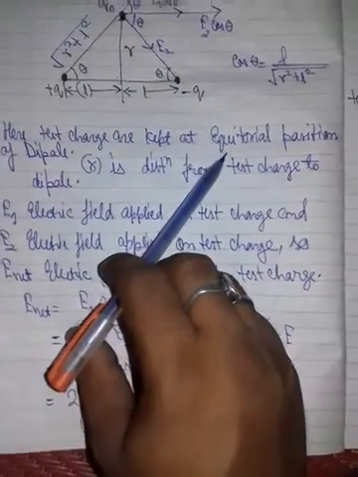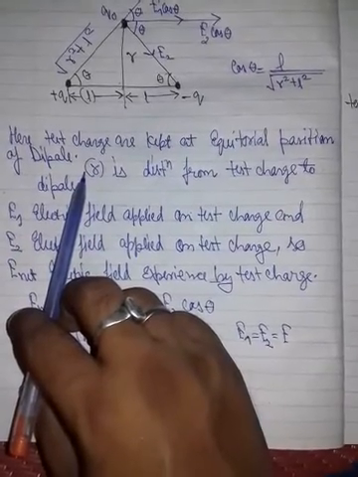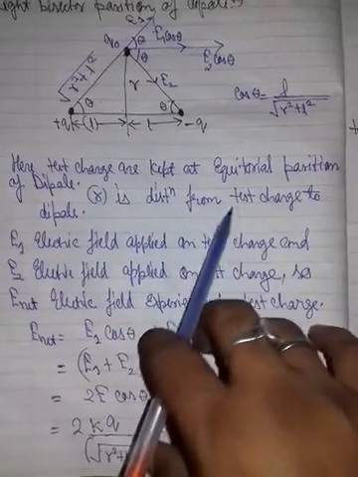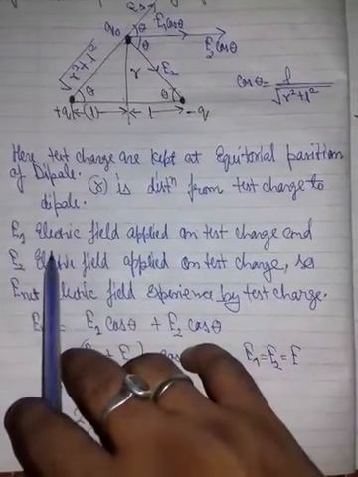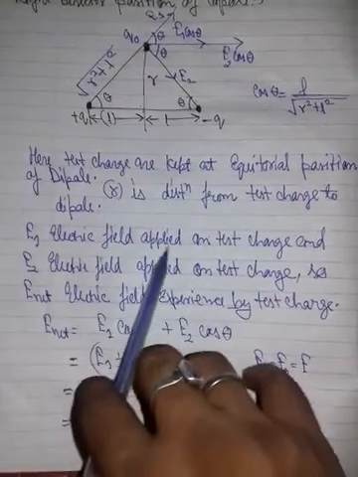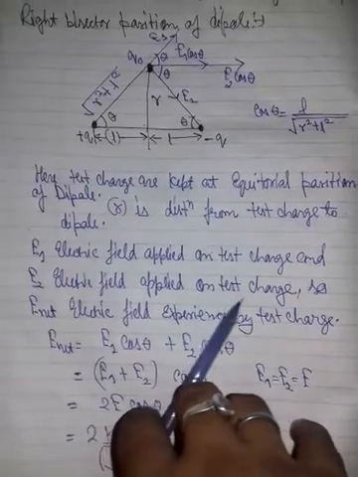Here the test charge is kept at the equatorial position of the dipole. This is known as the tan B position or broadside on position, and small r is the distance from the test charge to the dipole. As already told, E1 is the electric field applied on the test charge, and E2 is the electric field applied on the test charge.